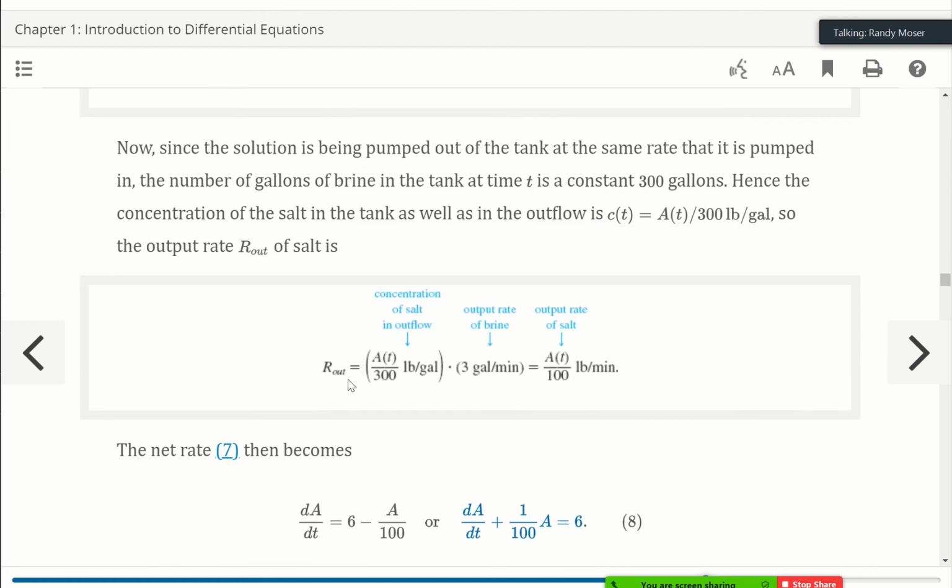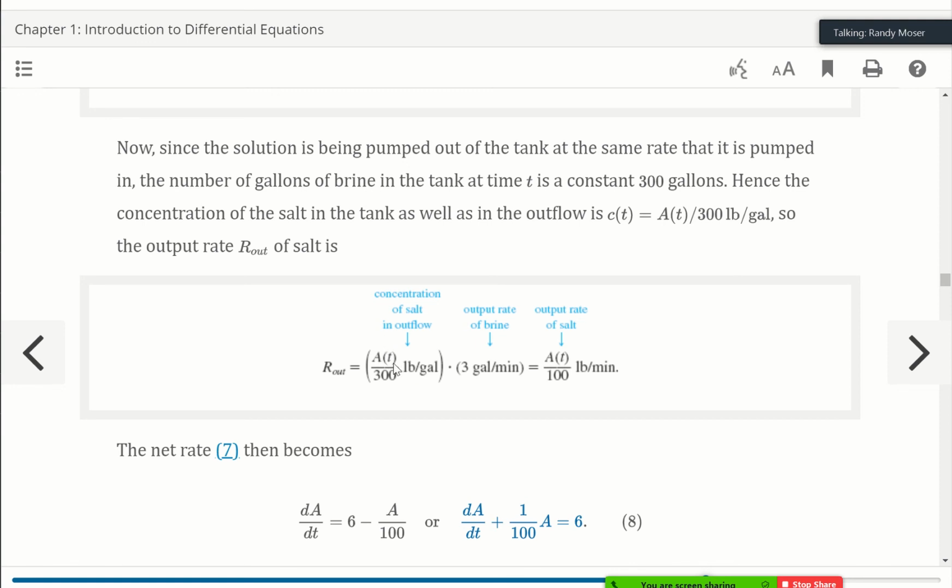Now, what about the rate out? So the concentration of salt in the outflow in terms of pounds per gallon, well, we have an unknown amount at time t. So the concentration of what's being taken out of the tank is going to be A of t divided by 300. That'll give us our pounds per gallon.